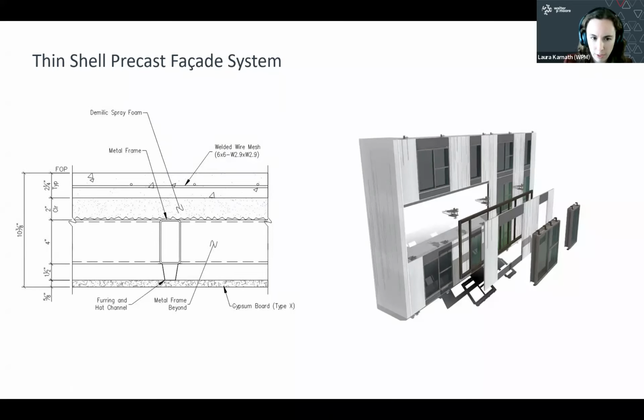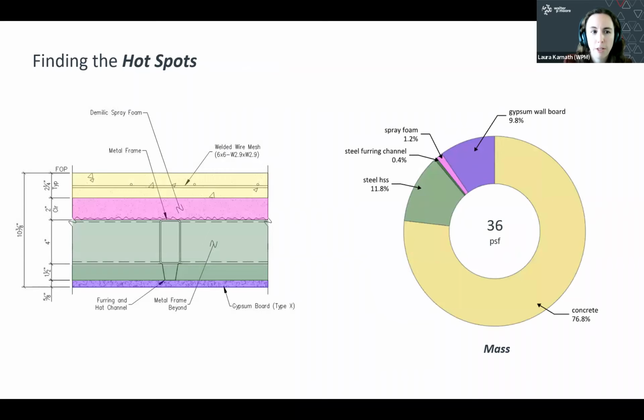We already have the system, we already know what it is, but they wanted to understand, first of all, where they were at in terms of embodied carbon and if there was anything they could do to optimize. So we have a thin shell precast facade, it's got spray foam insulation, it's got a steel frame, and we included the interior gypsum board finish.